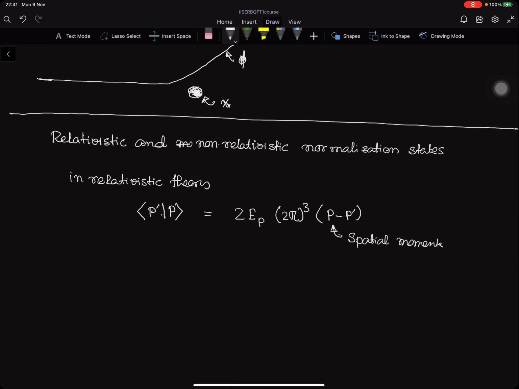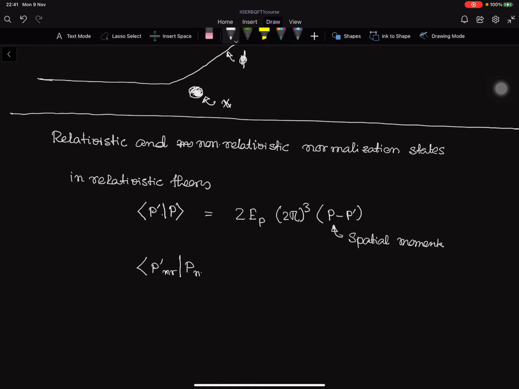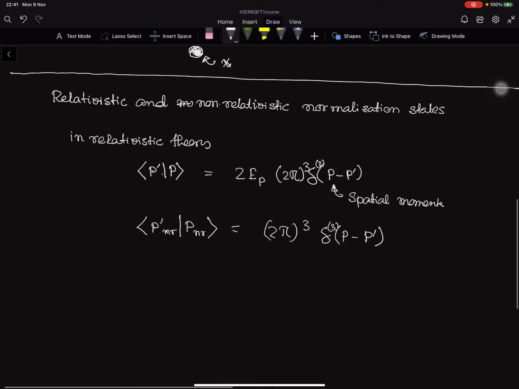Whereas in non-relativistic theory, this is simply (2 pi) cubed times a delta function of P minus P prime, which roughly means that the relativistic states are roughly 2E times the non-relativistic states.